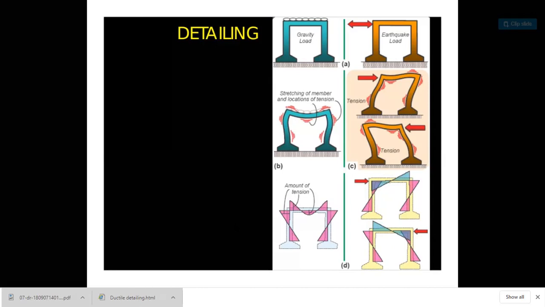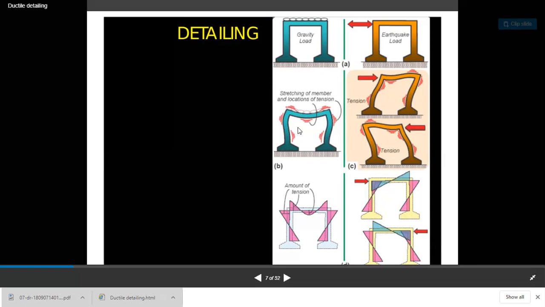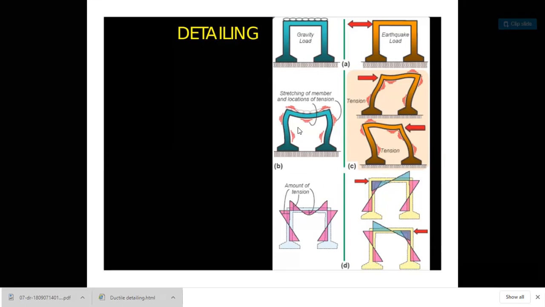If we induce the ductility property in the vertical and horizontal members, then such RC members will resist the earthquake loads and regain their initial position. They will remain at their initial position while such forces come on the structure.